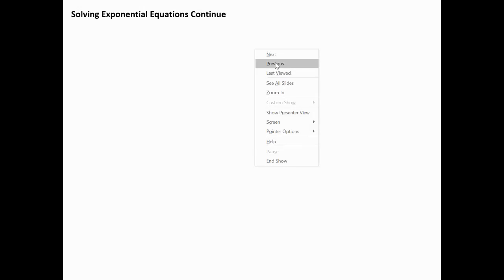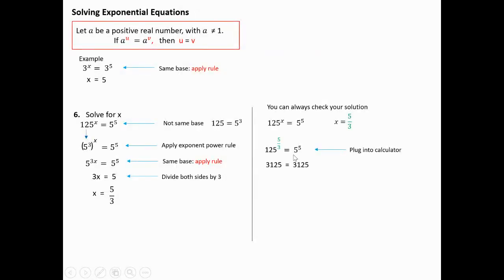And I believe in the week number 6 PowerPoint, I did tell you how to go from exponential to a radical and actually to solve it without the calculator. But in this case, it's easier to use a calculator, which will be 125 to the 5/3 power, which will give you 3,125, which is equivalent to 5 to the 5th power.